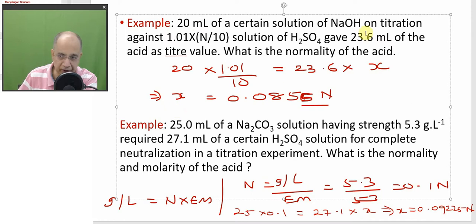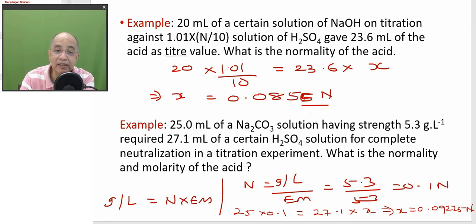We get the normality of sulfuric acid is 0.0856 N, or you can write in the same style the way it has given the normality of sulfuric acid. In the same style you can write, or it is 0.856 into N by 10.